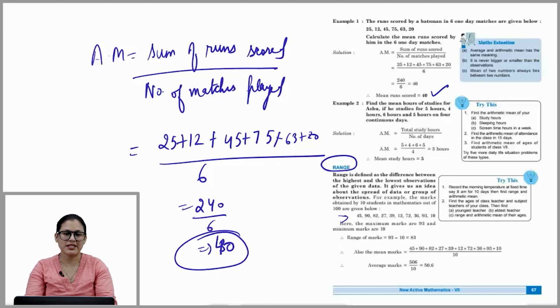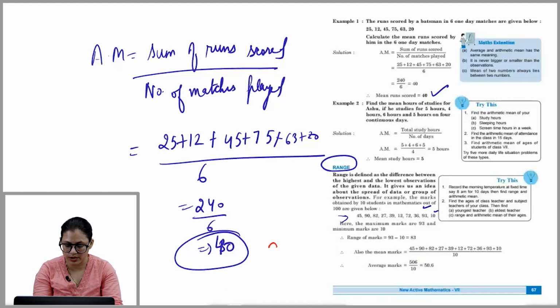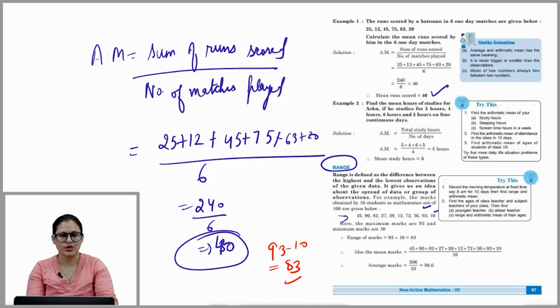Here the maximum marks are 93, and the minimum marks are 10. So what will be the range? Range means highest minus lowest number. So 83 is the range. Also, if you have to find out the mean, then what will you do? You will add up all the numbers and then divide by 10, because this is the data of 10 students.